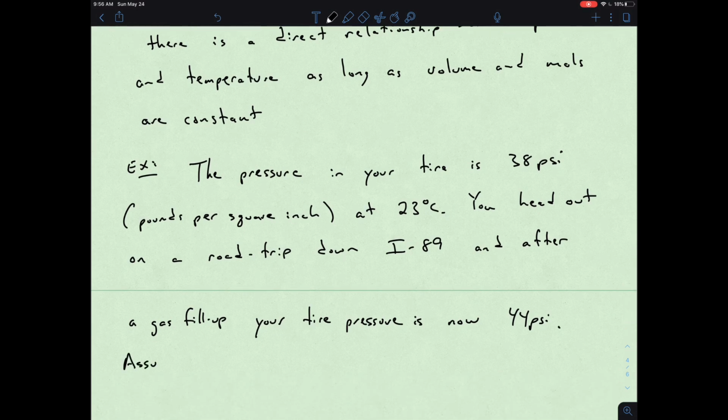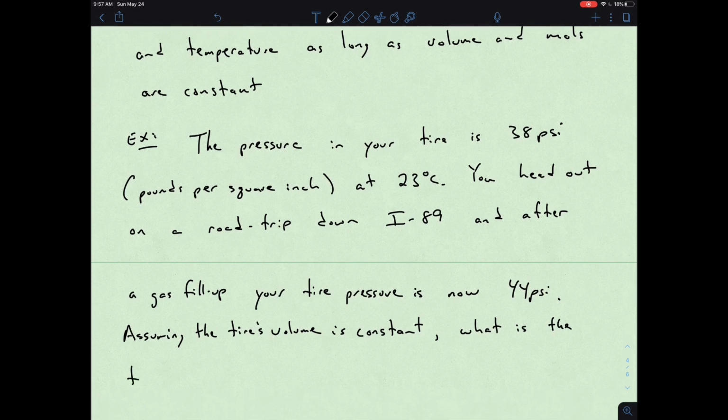Assuming the tire's volume is constant, what is basically the temperature of the gas inside the tire?